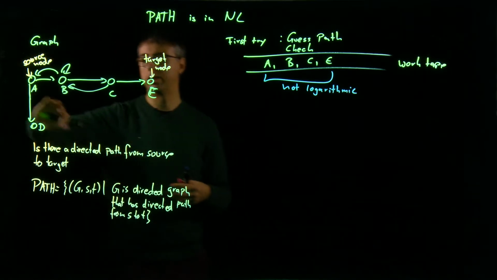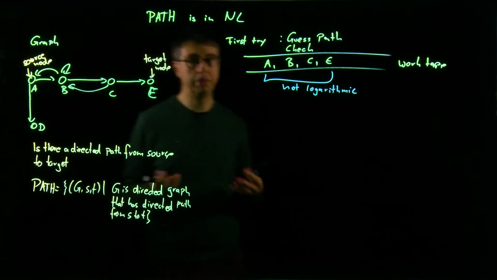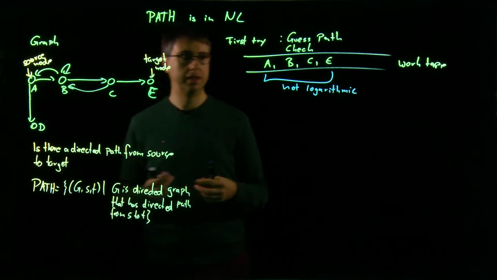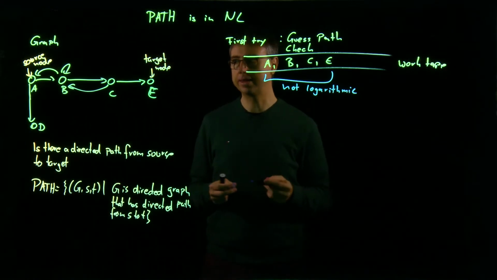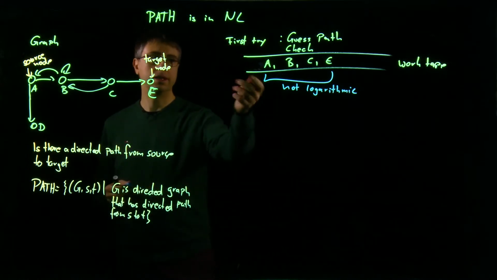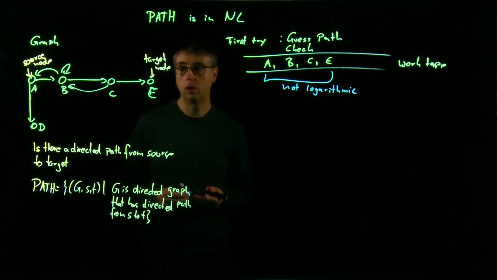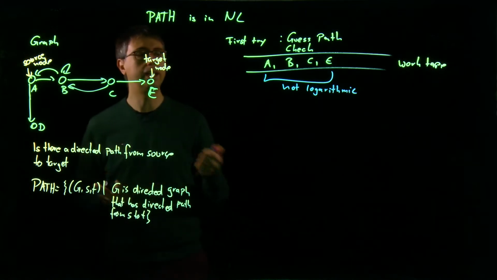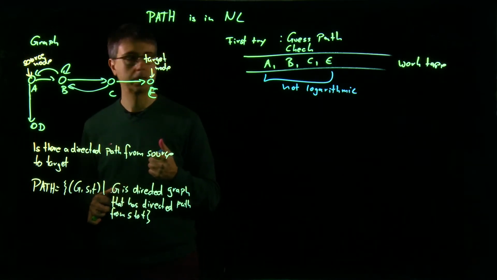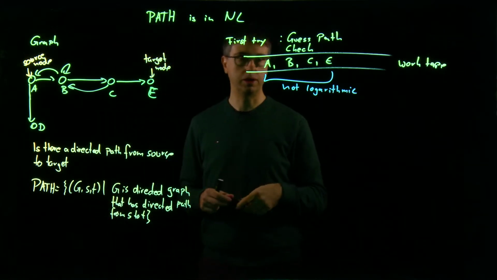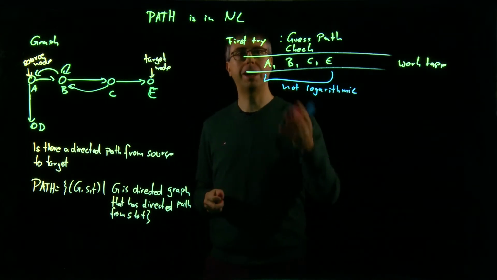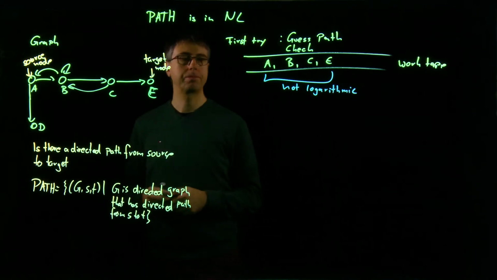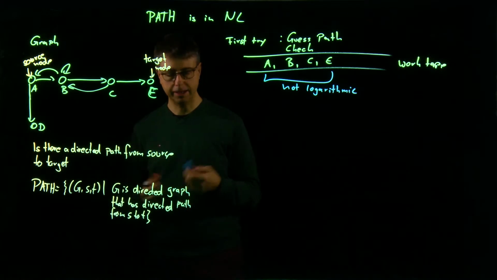And of course, I could have left D out, and then it would be more or less the whole graph. So this is not logarithmic in the size of the graph. It's more or less O of n, so it's linear in the size of the graph. So this doesn't work. We cannot write the whole path on the work tape.